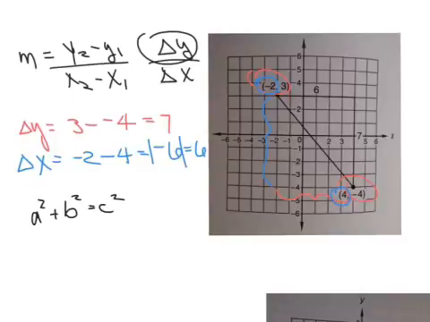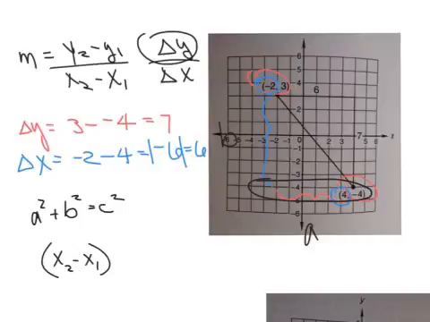Now, how did we find our distance here of x? Okay, let's say that that's our a, and this is our b. How did we find our a? We took one of the x values and subtracted the other x value. Okay, so we took that, and then we squared it. So we took the difference between our x's and squared it.